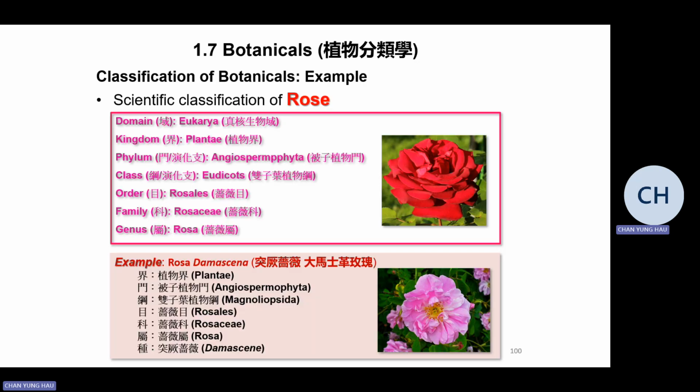Here comes the example. I won't go into details. For example, the roses: how do we classify them? For this type of rose, we call it Rosa.